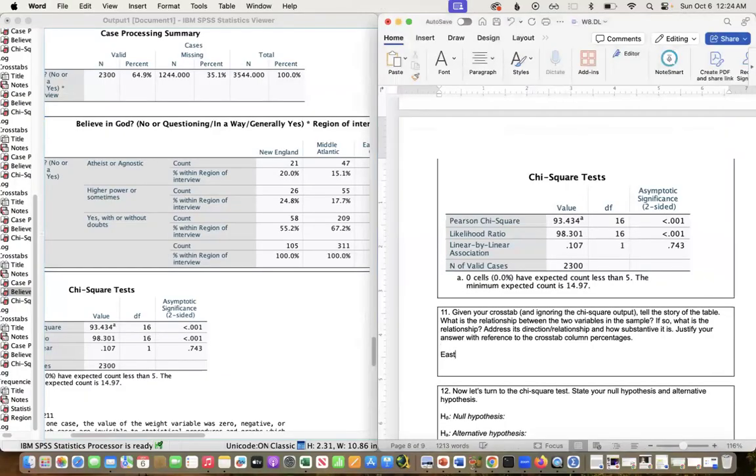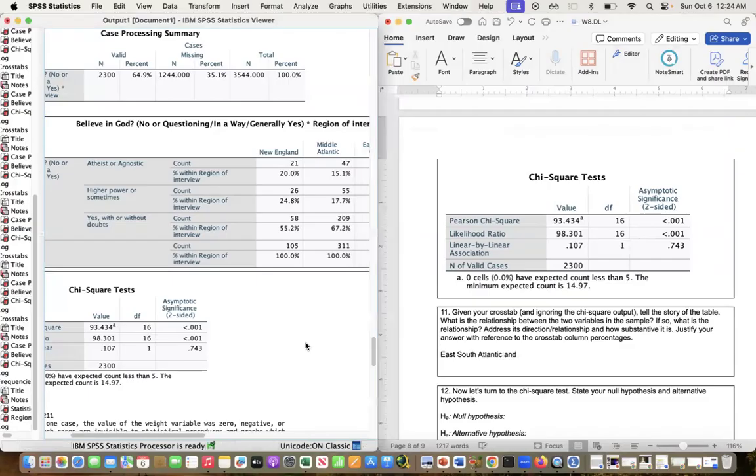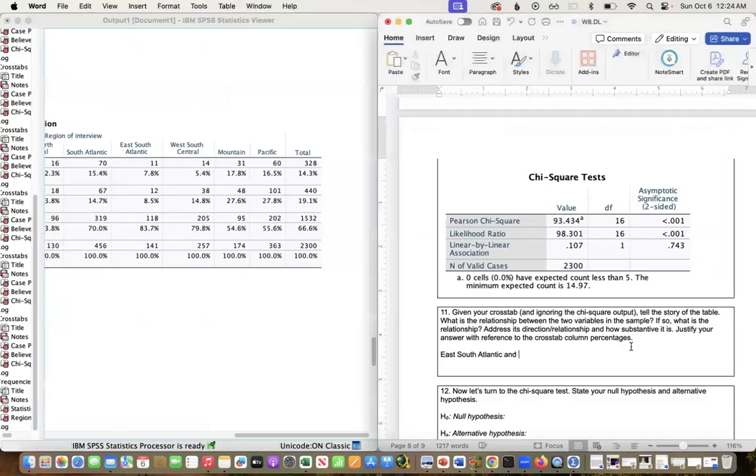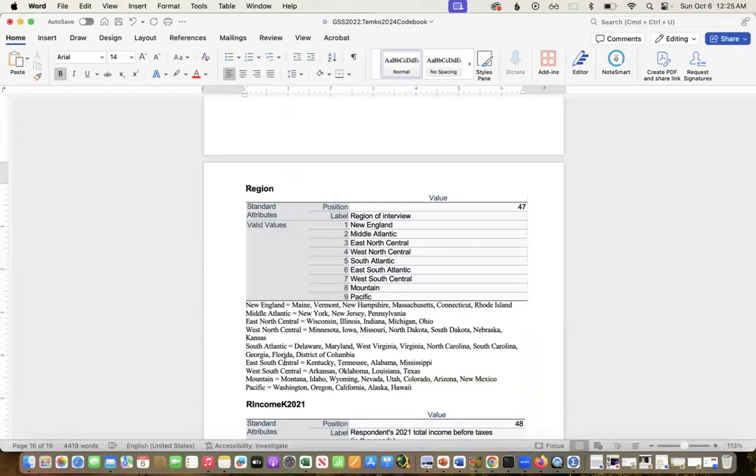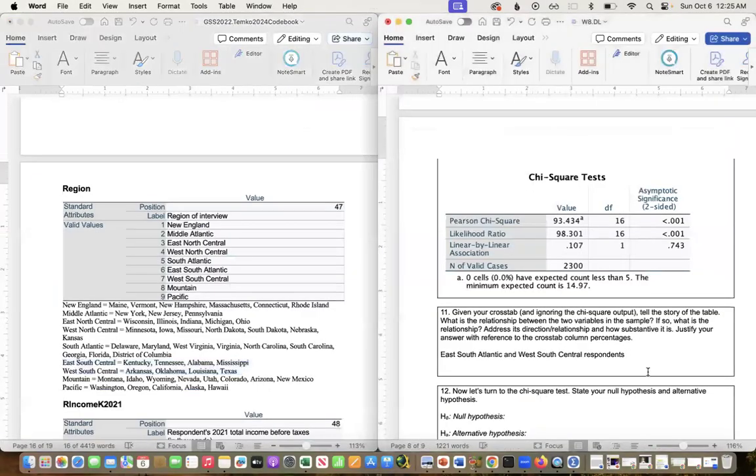So East South Central and West South Central respondents, those from Kentucky, Tennessee, Alabama, Mississippi, Arkansas, Oklahoma, Louisiana, and Texas, were most likely to be theistic.